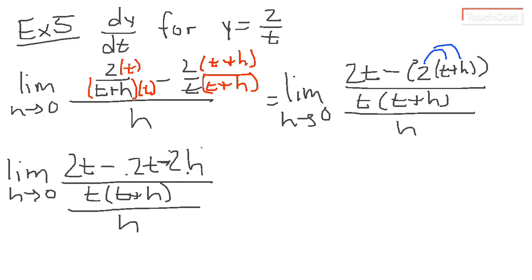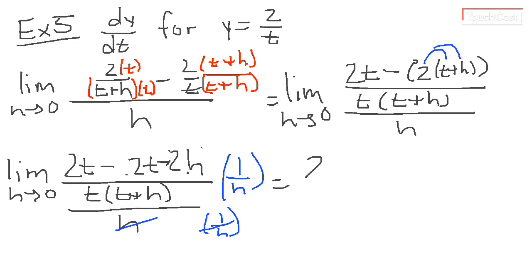Now, there's also something we learned a long time ago in our math careers, that we don't like dividing fractions or rational expressions by other rational expressions. So what we can do to get rid of that h that we're dividing everything by, if we multiply everything by 1 over h, that's going to get rid of the h in our denominator. And what we're going to be left with is 2t.